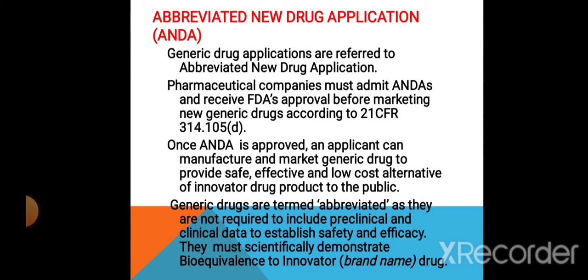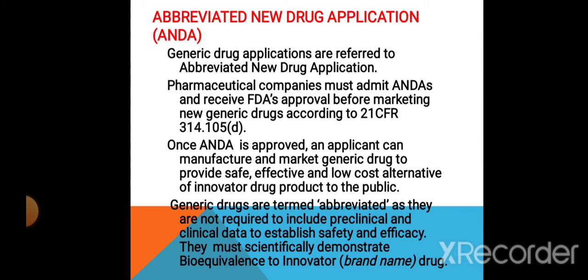314.105(d). Once ANDA is approved, an applicant can manufacture and market a generic drug to provide a safe, effective and low-cost alternative to the innovator drug product for the public.